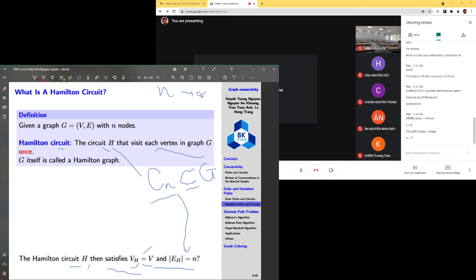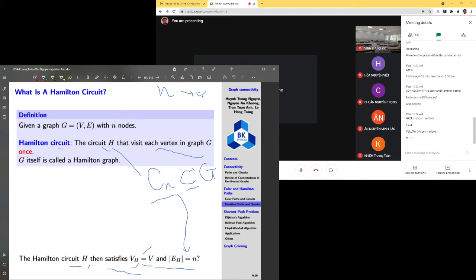Because if you have only 3 nodes or 5 nodes, you can find it by hand. But if the number of nodes is maybe 10,000, or 10 to the power 5, well, this is actually 100,000.